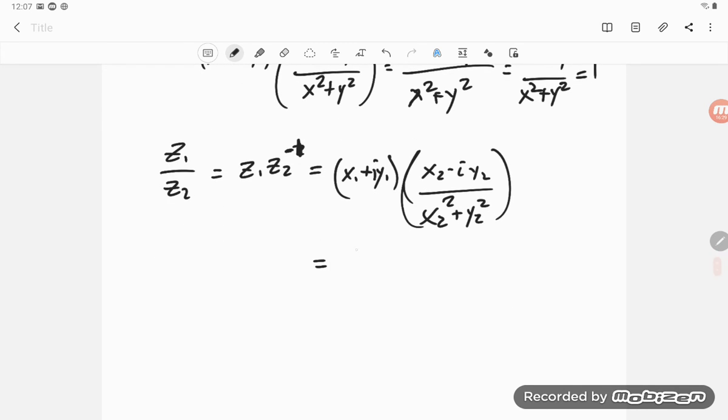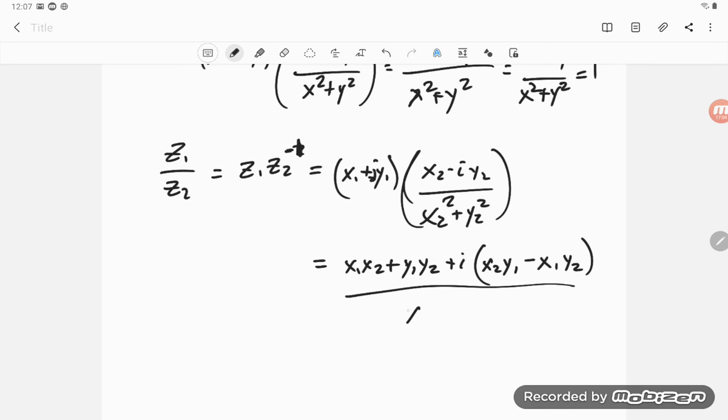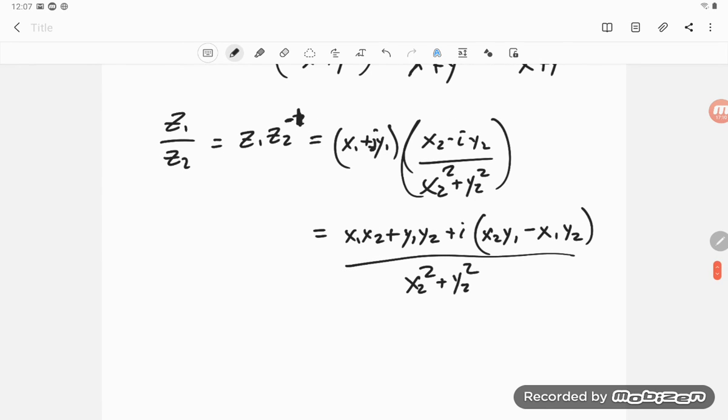And so this is equal to x1 x2, and then I will get my minus i squared, so I'll do that as a plus, and a y1 y2. So there's the real part, and then plus i times, and I have an x2 y1 and a minus x1 y2, all divided by x2 squared plus y2 squared. So there I've done a division.